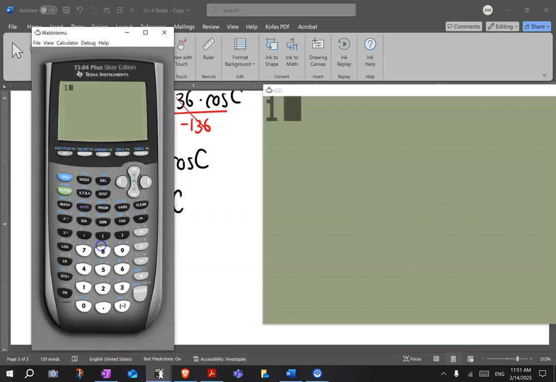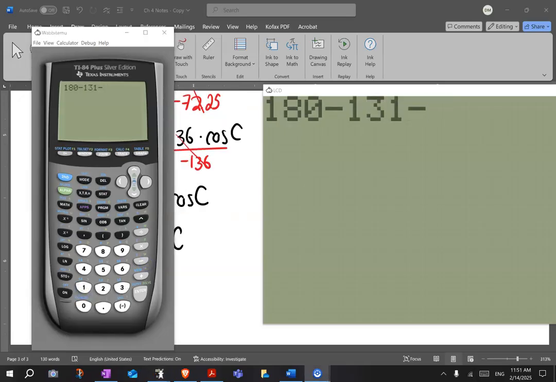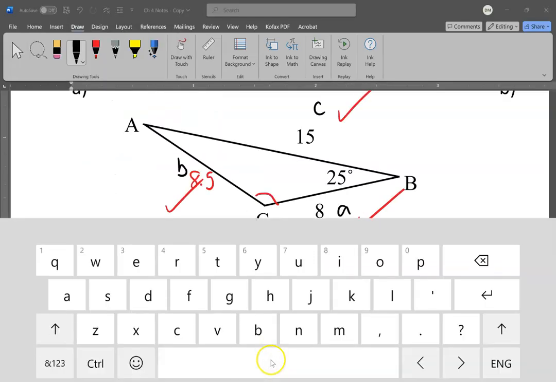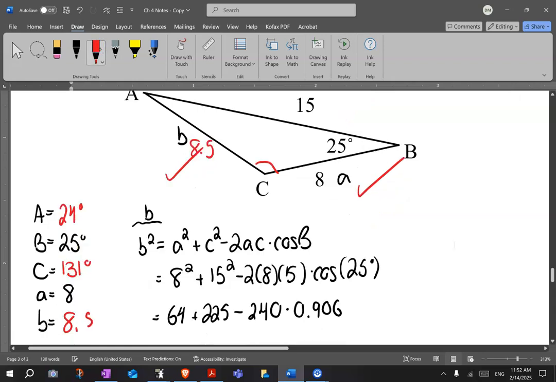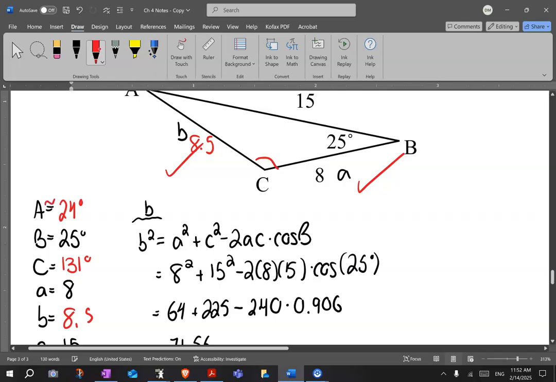I have 180 minus 131 minus the other angle, 25, and I get 24 degrees. So A is going to be 24 degrees. Again, these are all approximate.